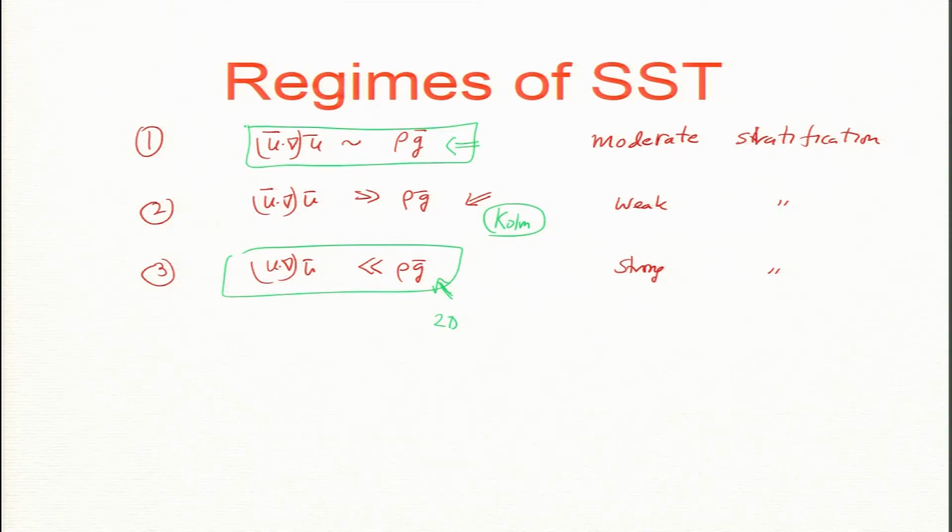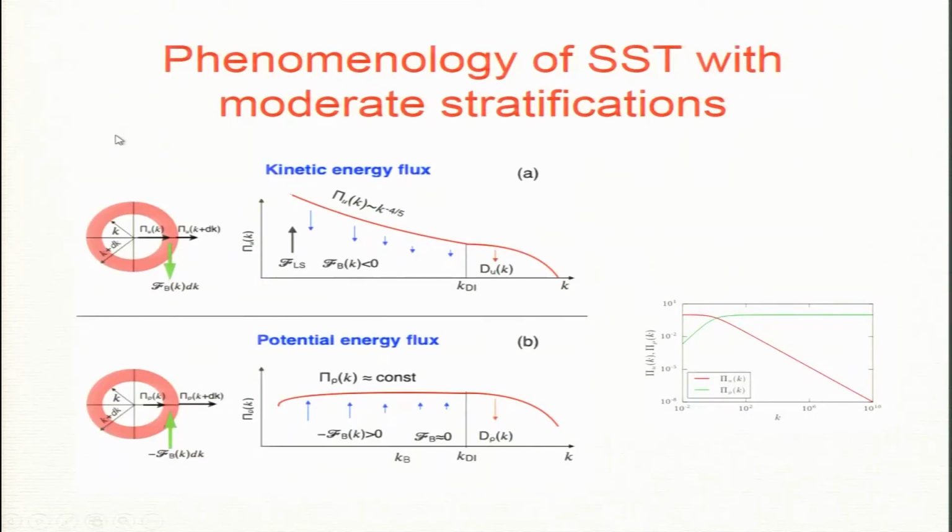Now, there is a theory for moderate stratification, and this theory was done by Bolgiano and Obukhov, 1959, way back. According to their theory, which I will derive quickly, the flux will decrease with k as k to the power minus 4 by 5.